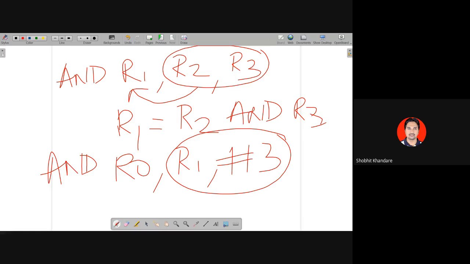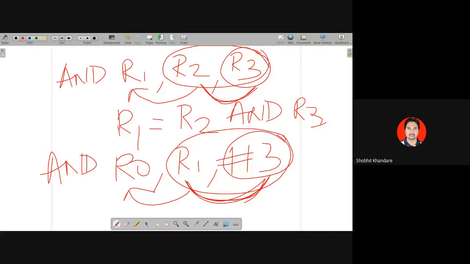These are the different variations I am talking about, and you should know all of them. Here it is an immediate number, and here it is a register. Here we have the AND operation between two registers, and here the AND operation between an immediate number and a register. Whatever result I get will be stored into R0. So this is the second example.